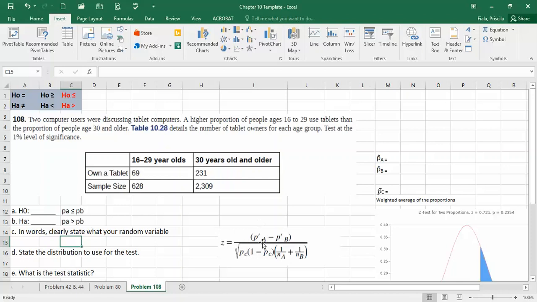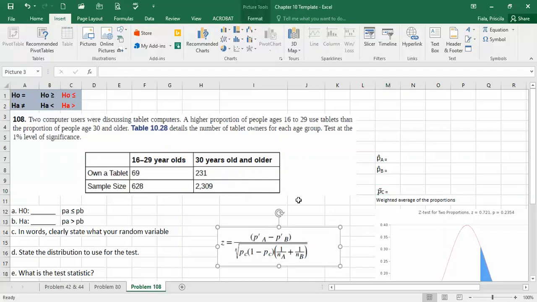Again, this is always saying the proportion of the first set of data minus the proportion of the second set of data, divided by the square root of the pooled proportion, or the weighted average of the proportion, times 1 minus the pooled proportion, again times 1 divided by the sample size of the first set of data plus 1 divided by the second sample size of the second set of data. Did that make sense?